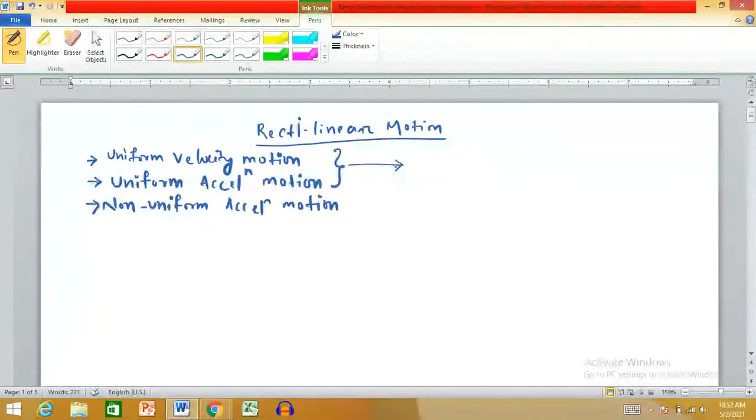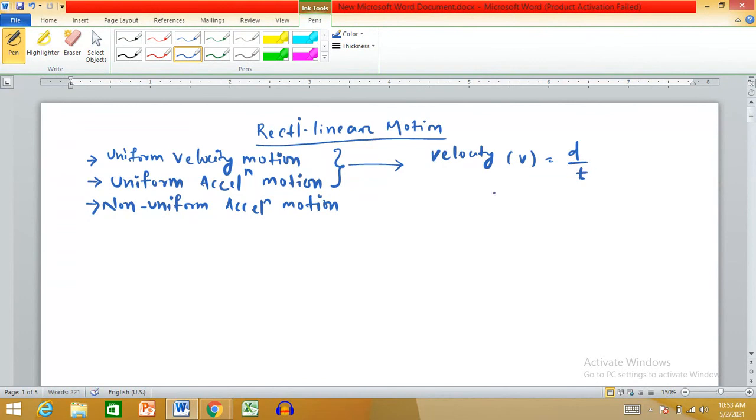In case of uniform velocity motion, we simply write velocity v is equal to distance by time.